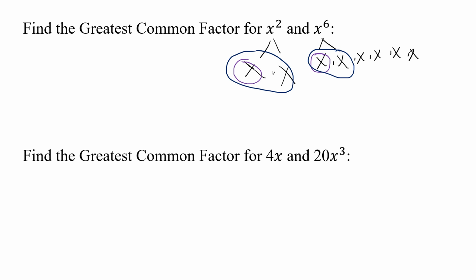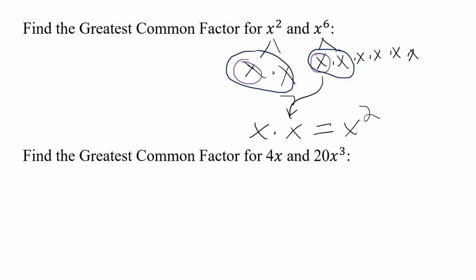The greatest common factor is just x times x. It's what they have in common. And the way that we rewrite that is, well, x times x is x squared.